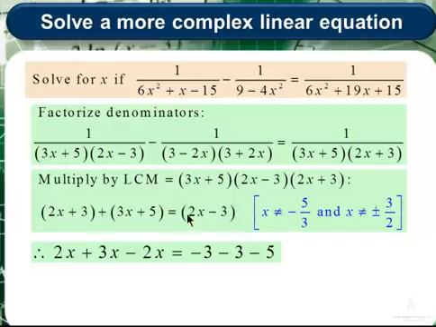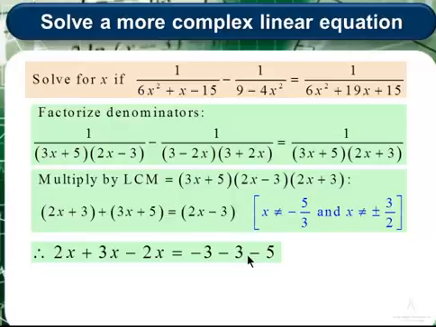Note that in this case, since we have these factors 3x plus 5 and 2x minus 3 as well as 2x plus 3 in the denominator positions, x cannot assume the value minus 5 over 3, neither can it be either plus or minus 3 over 2, because then it will result in division by 0. So we have some restrictions on the values for the unknown x already.